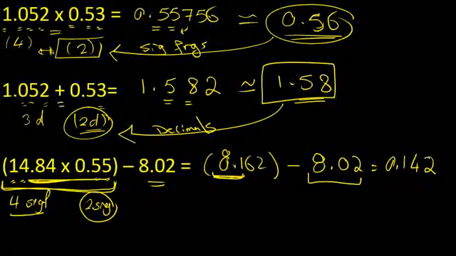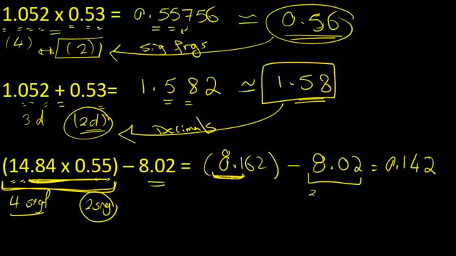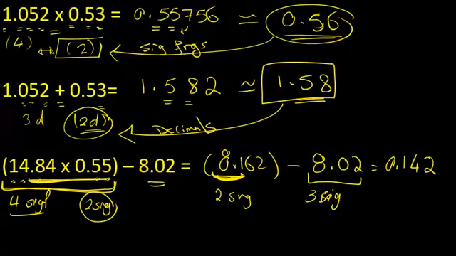How many sig figs in the answer? This one has 3 sig figs, right? And this one has 2 sig figs. Since we just did the multiplication and it comes from this and it has 2 sig figs, this follows the 2 sig figs, the least number of sig figs. How many decimals? This one has 3 decimals.